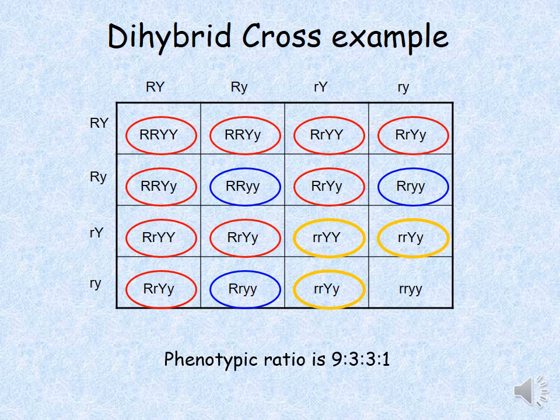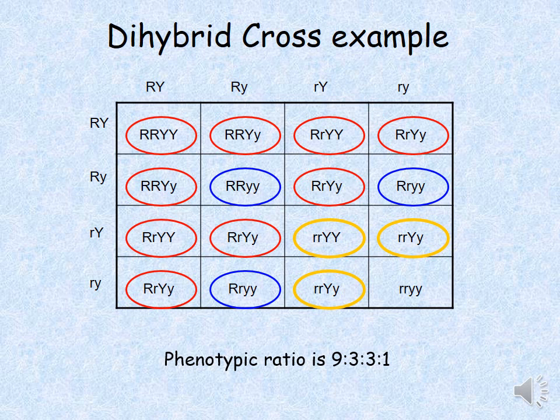When it comes to this dihybrid ratio, it's a little more difficult. I wouldn't ask, but you never know. But if you were to be given this without the colors circled, you should be able to figure it out, to circle it, to calculate it yourself, to come up with this phenotypic ratio.